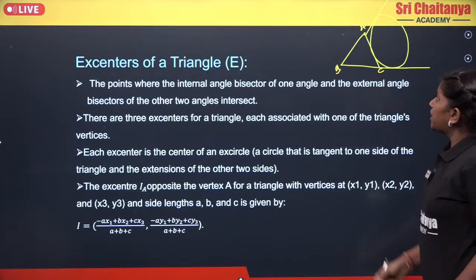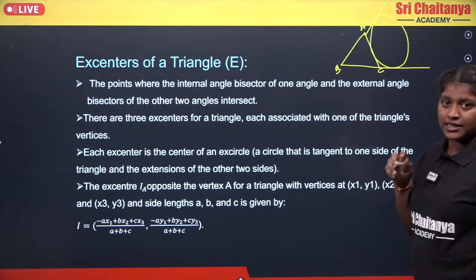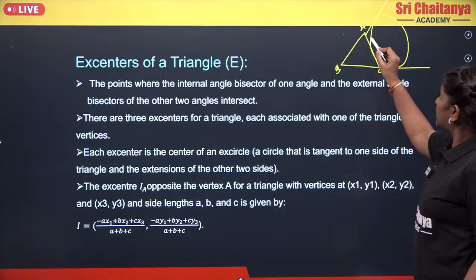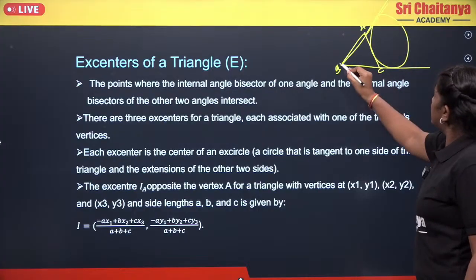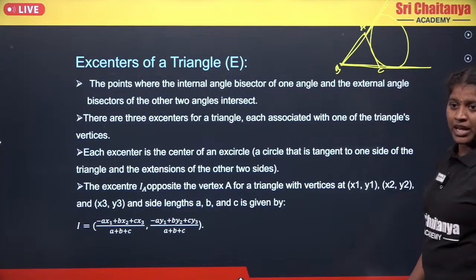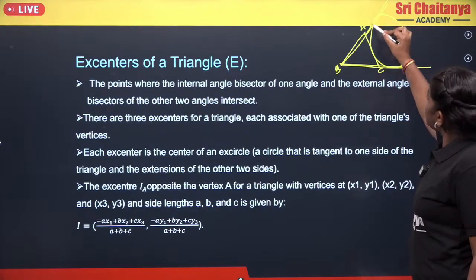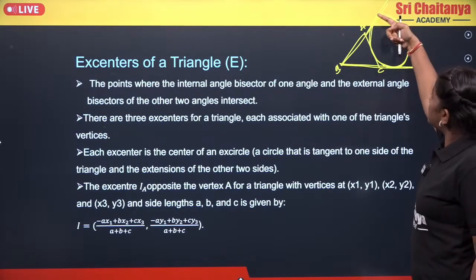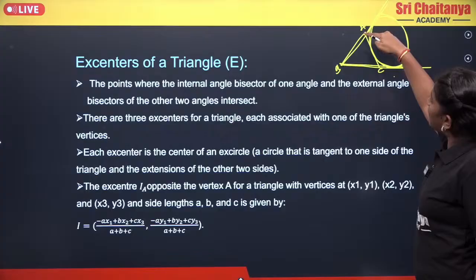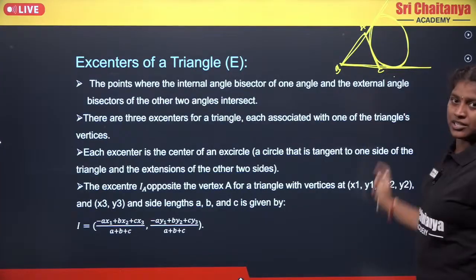So if you observe the excenter, this is our ABC triangle, right? I am extending two of the sides, AB and BC. And here I am taking my circle which is touching the extended sides of the triangle, and one of the sides will become the tangent.